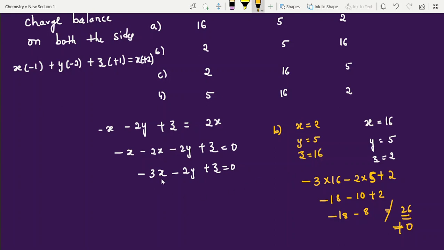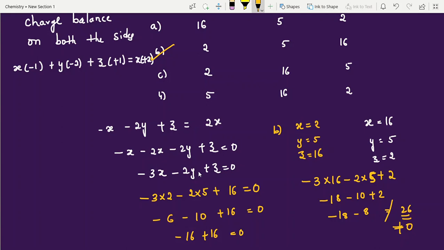If you are getting 0 here, yes, that is your answer. Minus 3 into 2 minus 2 into 5 plus Z, 16 equal to 0. Minus 6 minus 10 plus 16 equal to 0. So minus 16 plus 16, yes, it is 0. So option is B. Like that we are going to check it.